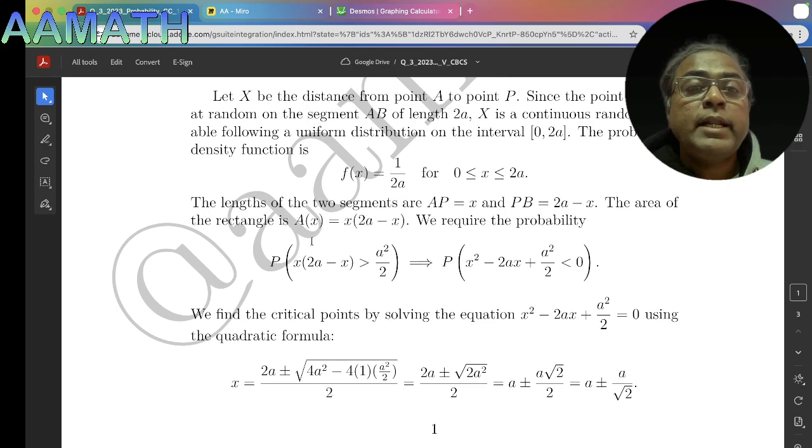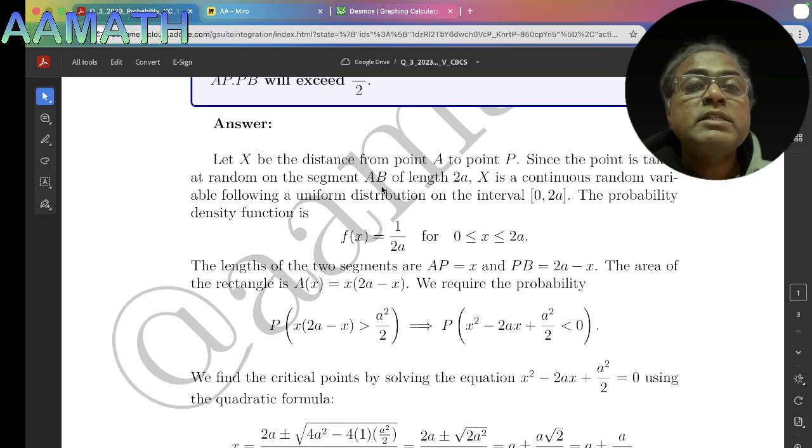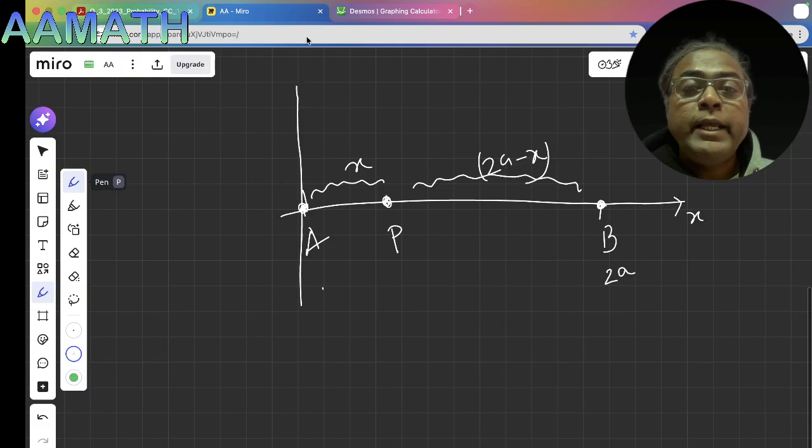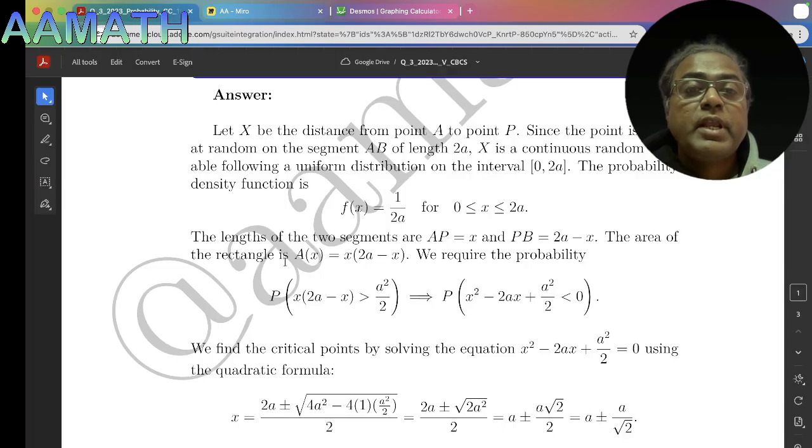The area of the rectangle AP into PB equals x into (2a minus x). This is the area of the rectangle formed by these two sides.